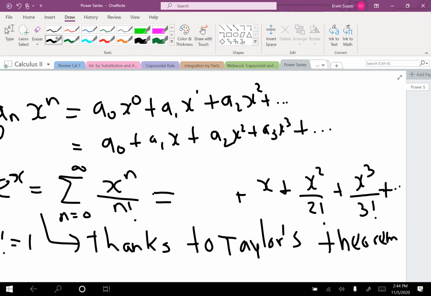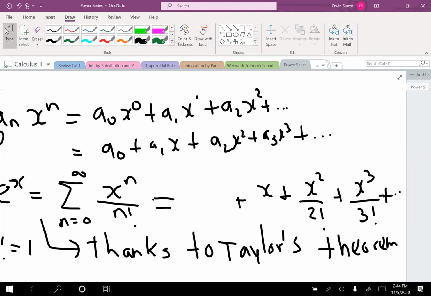If you just take the first two terms, so these two terms, 1 plus x. What do you think is the relation of 1 plus x to exponential?